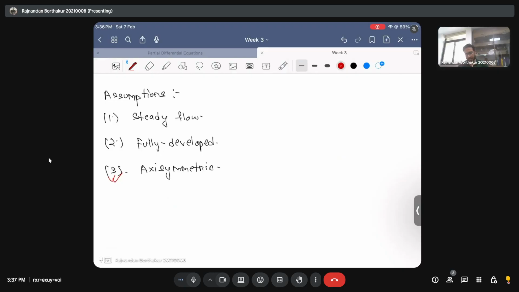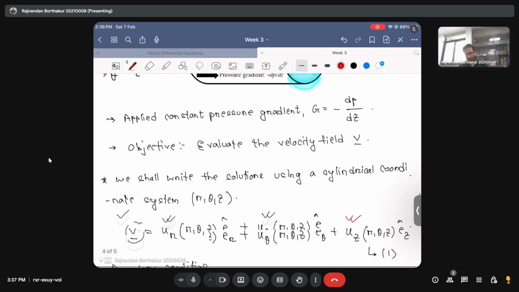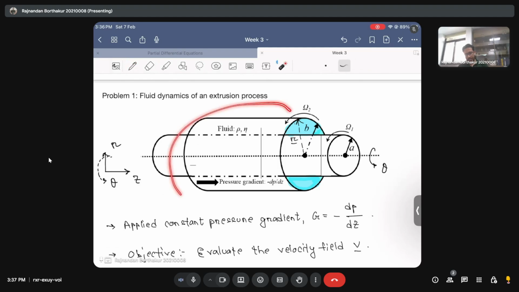I hope you understand that this axisymmetric assumption actually makes sense. If you look into this physical paradigm, there is no mechanism which can cause a variation of the velocities along the theta direction, because the problem is symmetric about the theta direction. Since the problem is symmetric, when you move along the theta direction, you expect that your variables are not going to be functions of theta, and that is what you can physically interpret as axisymmetry in this scenario.